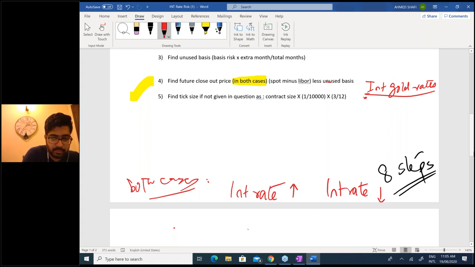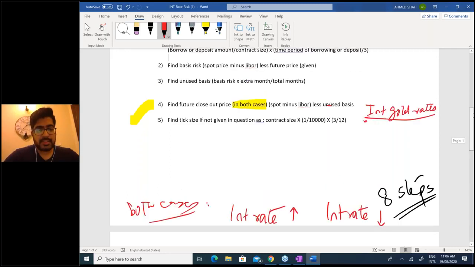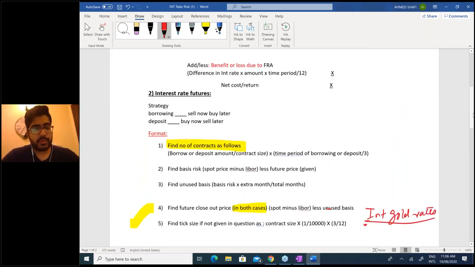The format states: find number of contracts, borrow or deposit amount over contract size into time period over 3, then basis rate, spot minus LIBOR less futures price, then unused basis, then find future closeout price in both cases, increase or decrease, then find tick.